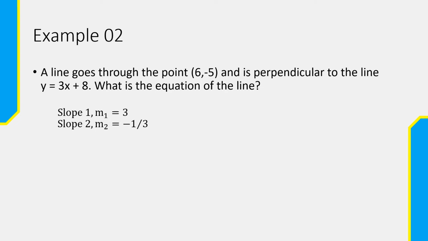With m1, the slope of line 1, being 3, we know the slope perpendicular to that is -1/3, which is the negative reciprocal of the slope. Now that we know the slope of the line perpendicular to the provided line, we will try to find the y-intercept, which is the variable b, to determine the equation of a line for the given coordinates and slope.